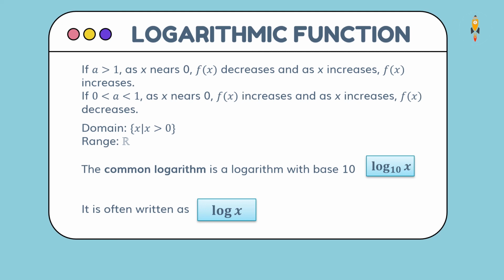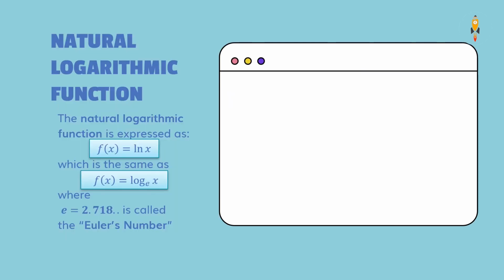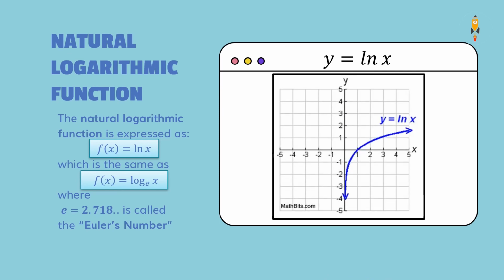The common logarithm is a logarithm with base 10. It is often written as log x. What is the natural logarithmic function? The natural logarithmic function is a logarithmic function of base e.